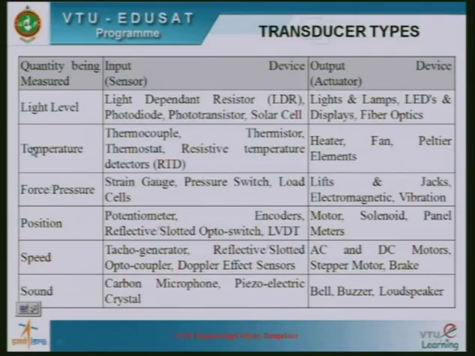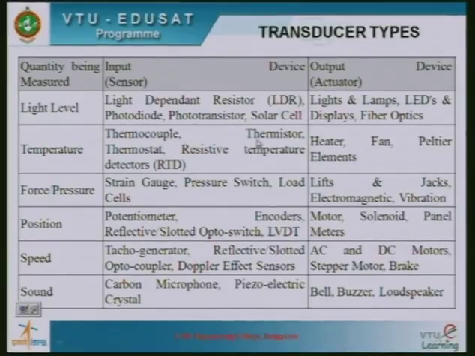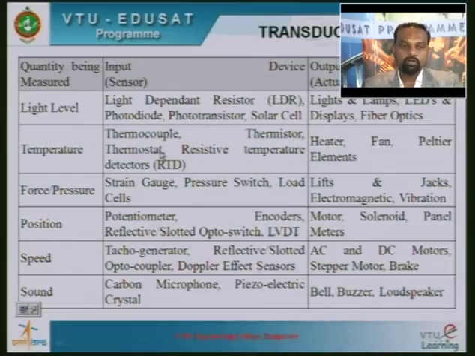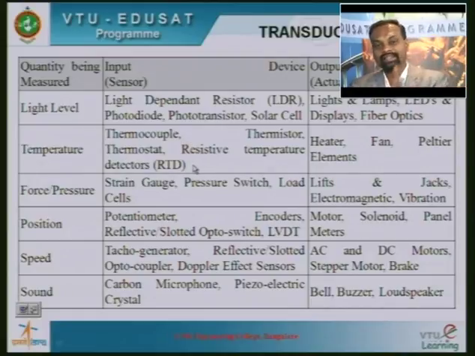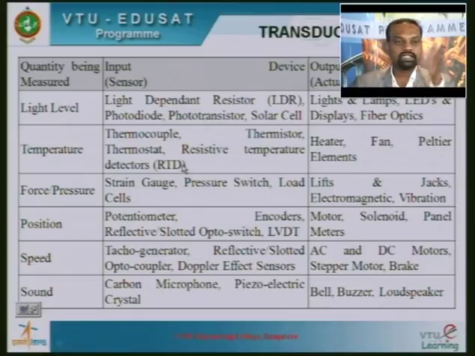Suppose you want to measure temperature. We have devices like thermocouples, thermistors, thermostats, or RTDs. These devices are able to measure temperature and convert it to an electrical signal. That is why we call them sensors.